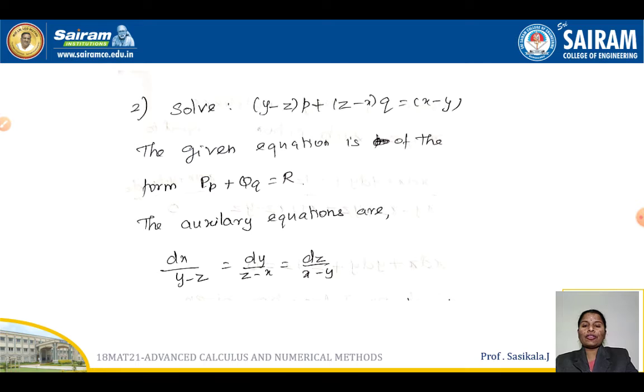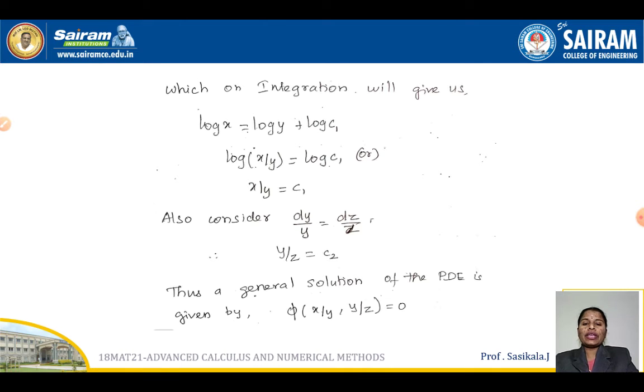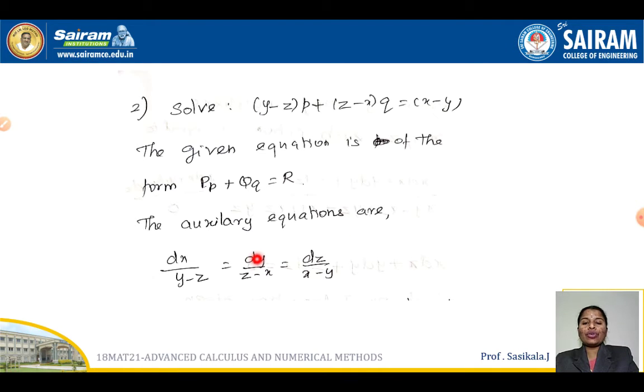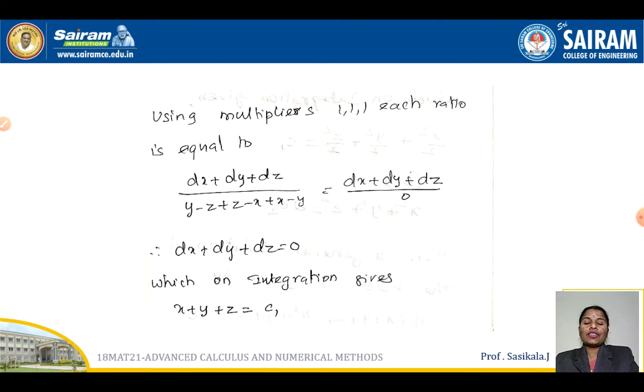As per the formula, (k1 dx + k2 dy + k3 dz)/(k1 P + k2 Q + k3 R). You should get 0 in the denominator part, so that it is easy to go with the integration part.